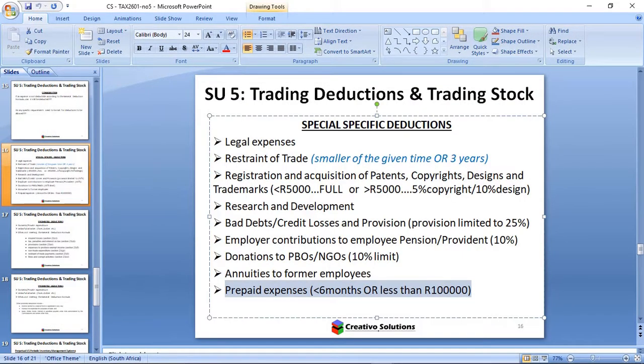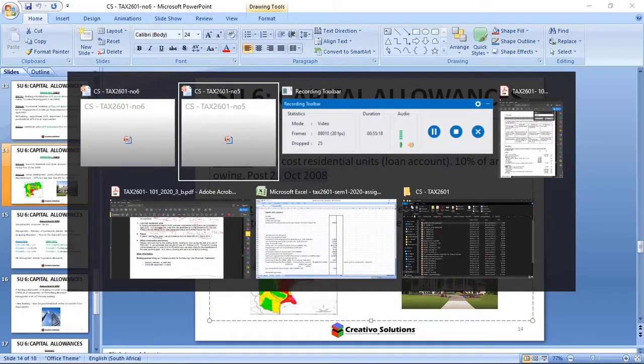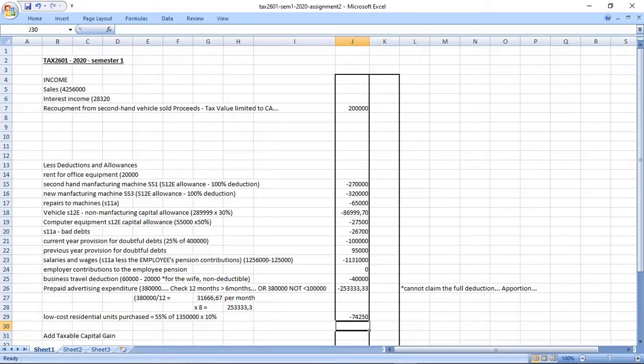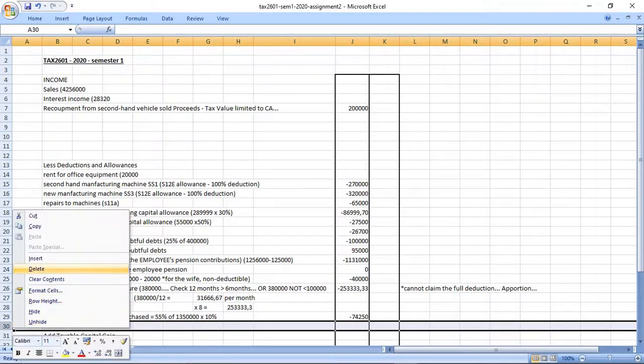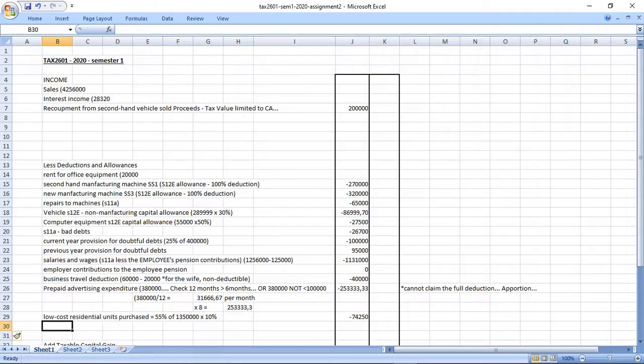Okay, while I've got this slide up, you guys can see that there's obviously a 5% deduction here that's going to be applicable. So let's go and include that here. Okay, patent.